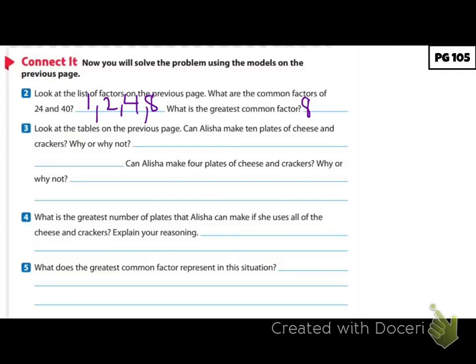Look at the tables on the previous page. Can Alysha make 10 plates of cheese and crackers? Why or why not? Well, if we're looking on the previous page, do they have a 10 in common? So no, they do not, for that reason. They do not have 10 as a factor.